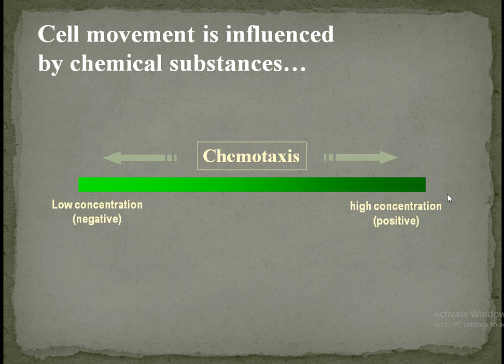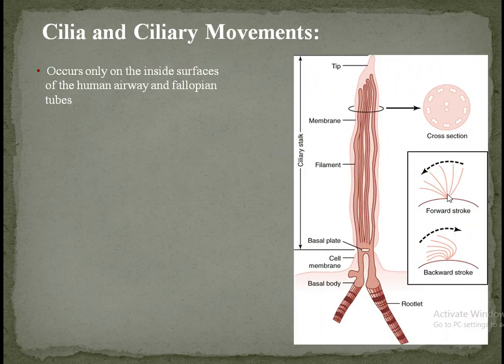Lastly, we have the cilia and the ciliary movements, which occur only on the surfaces of the human airways and fallopian tubes. You can see these hair-like projections which move forward or backward in this way, and they are mainly present in the respiratory tract and the fallopian tubes.